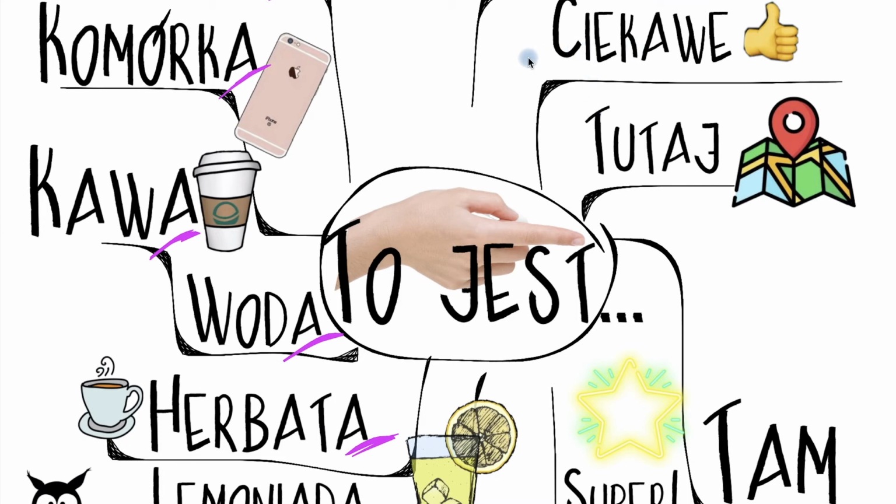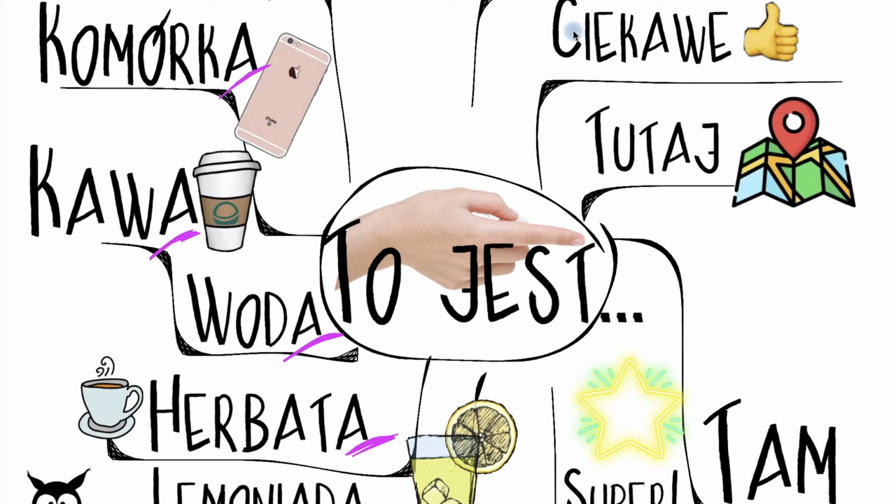Now this is interesting. To jest ciekawe. Now notice how I pronounce the CI together. It's ch, as if I was pronouncing the C accent as in cześć, right?